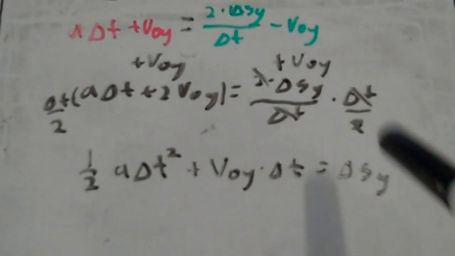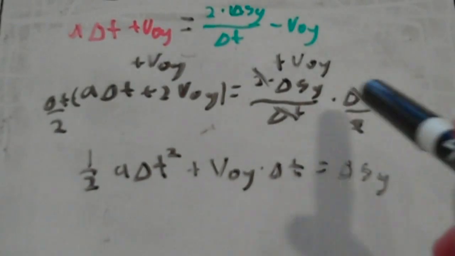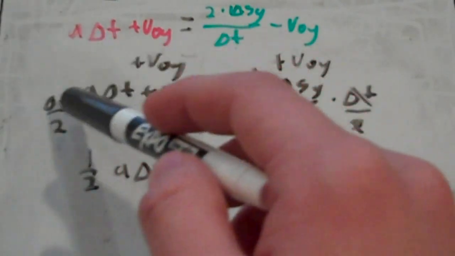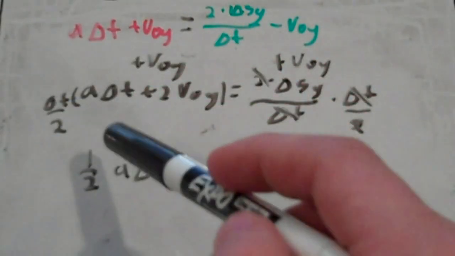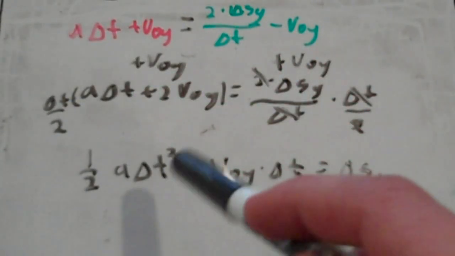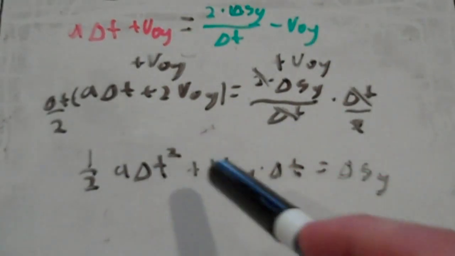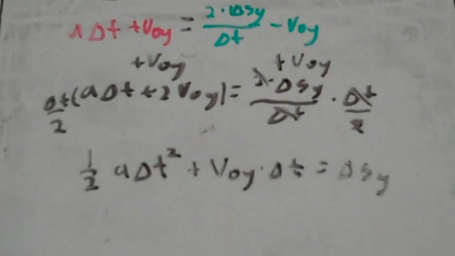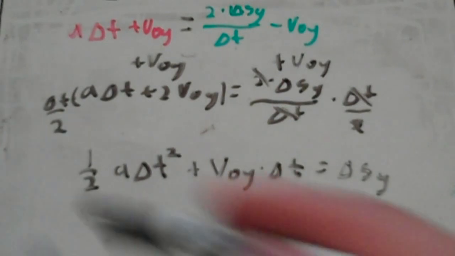Then I multiplied the change in time over 2 to both sides, so the 2 and the change in time canceled, and I distributed it, so I would then get 1/2 a times time squared plus the initial velocity times time equals the change in position. And since all this math is, again, accurate, that is how we got the equation. So, hopefully, you now know how we arrived at this equation here.